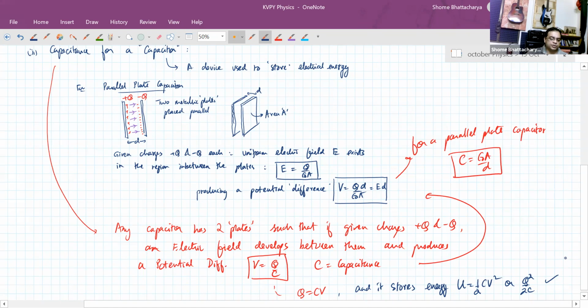So very soon we will be looking at some applications of capacitors in electrical circuits. Like in class 9, 10th, you have studied about electrical circuits with resistors and cells or batteries. Now in this part, we will add capacitors to that mix. We will look at circuits which have resistor, capacitor and battery or cell or whatever.